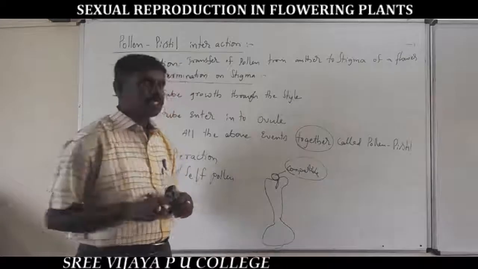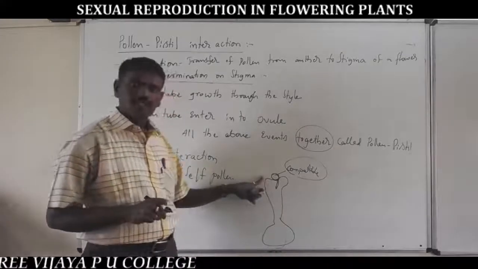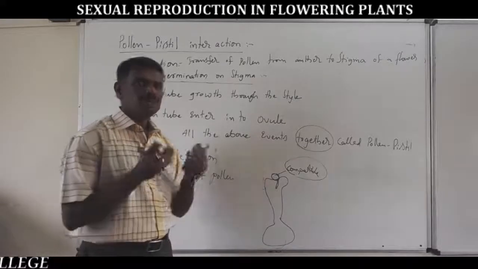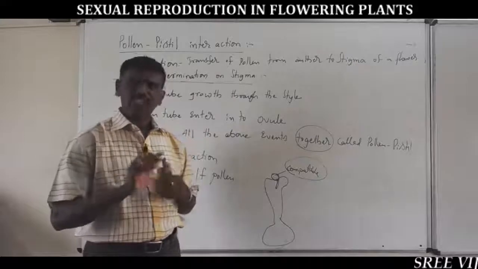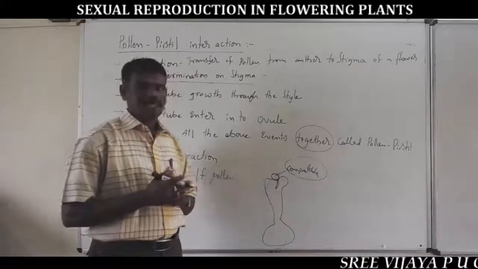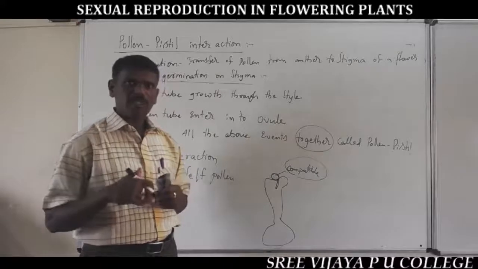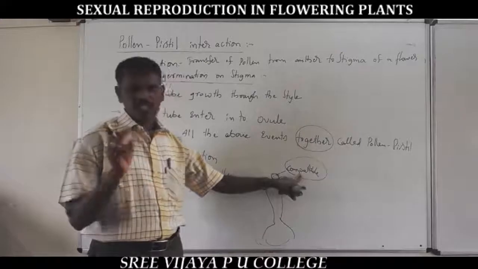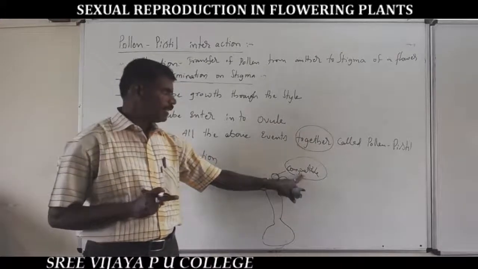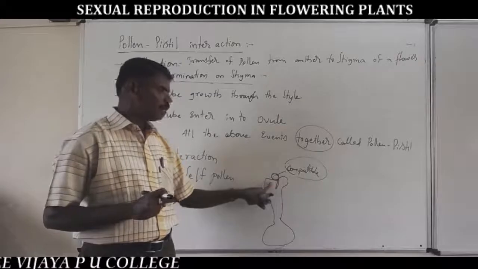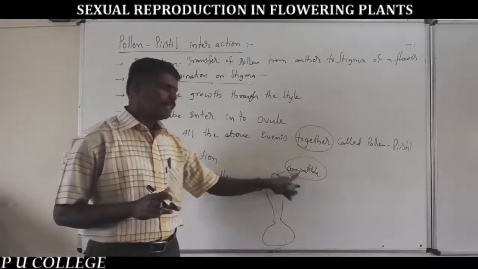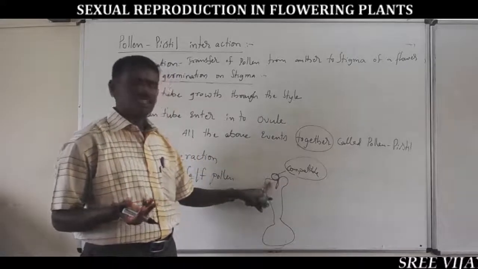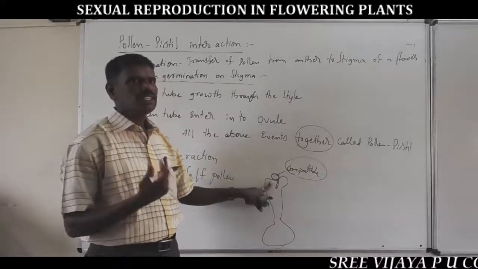In that process, the stigmatic surface either rejects or accepts the pollen grain. If the pollen grain is compatible, the stigmatic surface accepts it. If the pollen grain is incompatible, the stigmatic surface does not accept it; it is rejected.